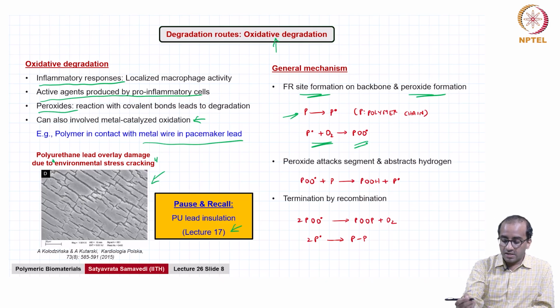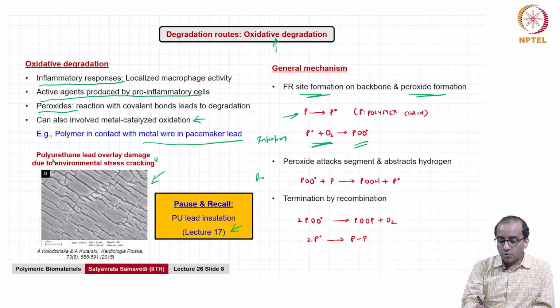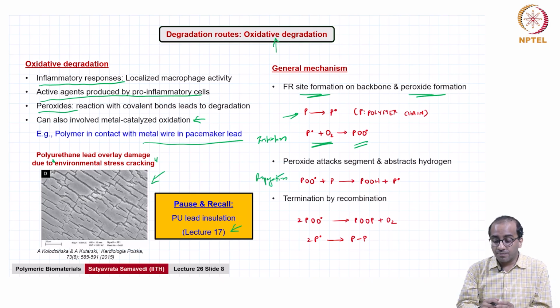So, this is sort of the initiation step. The peroxide attacks the segment and abstracts the hydrogen, leading to propagation of the mechanism, because you see again more free radicals are generated here, and again termination can occur by recombination. So, these kinds of mechanisms are involved in what you would call oxidative degradation.